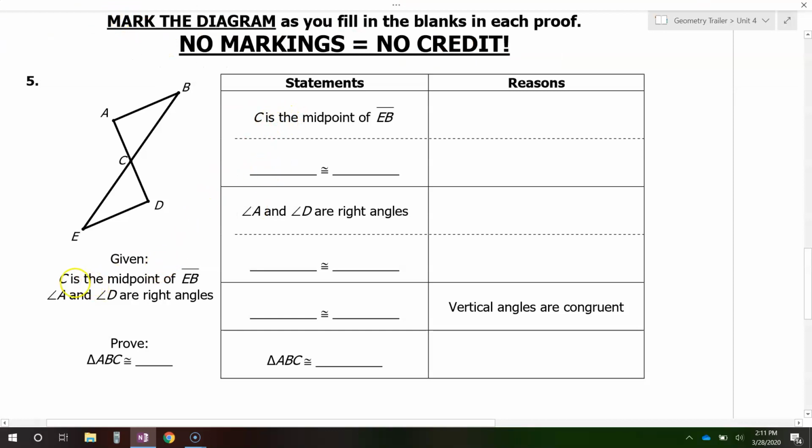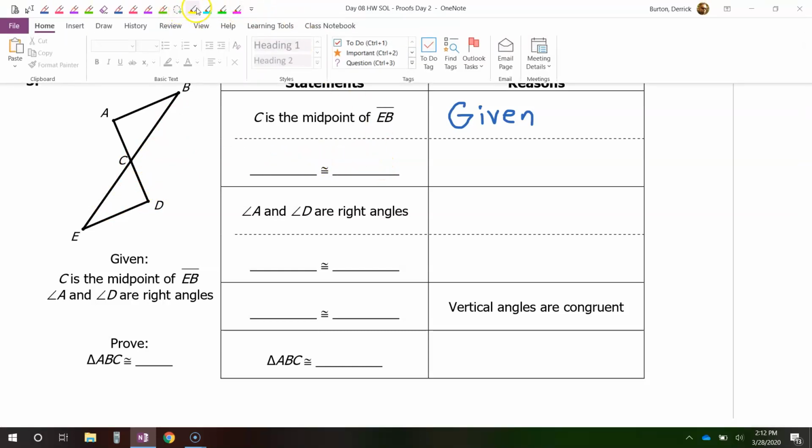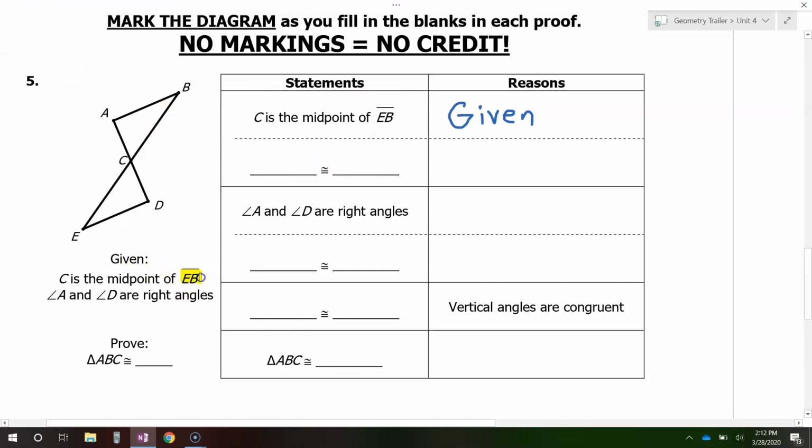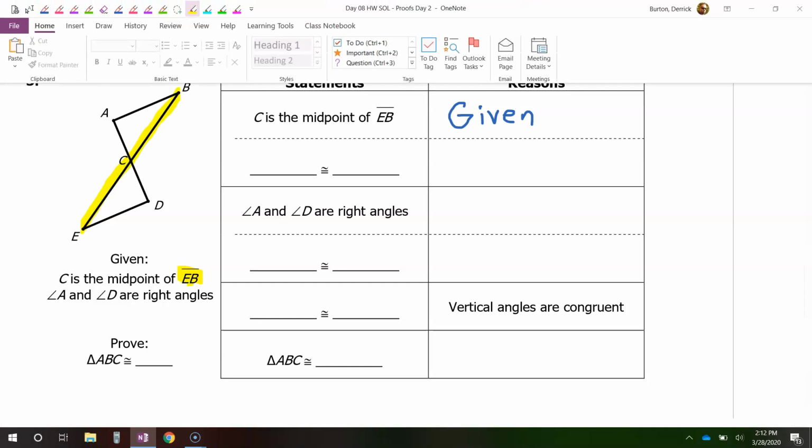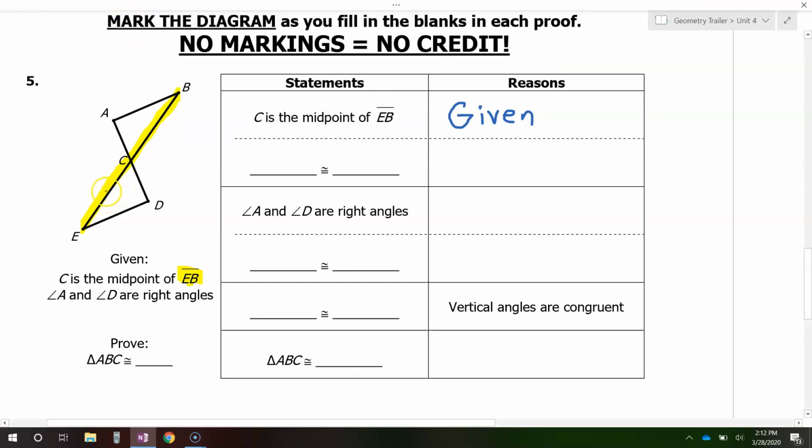All right, C is the midpoint of segment EB. So the first statement is given. All right, when we go to mark that on the picture, it really gives us the next step. So focus on the EB part of this. All right, EB is this right here. If C is the midpoint of that, that means that this side is congruent to this side.